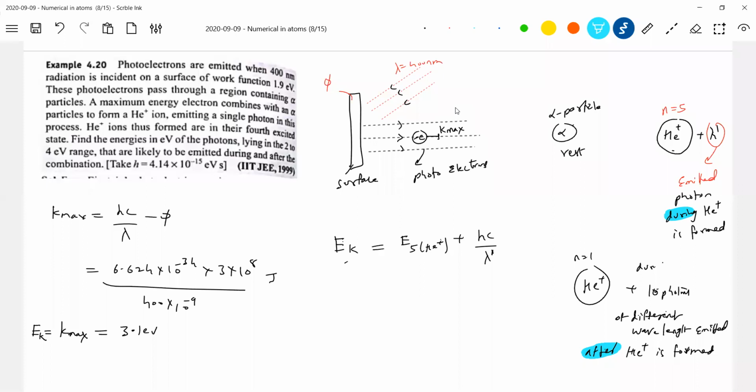Now, what is the energy of helium in the nth orbit? Z square times Rhc.